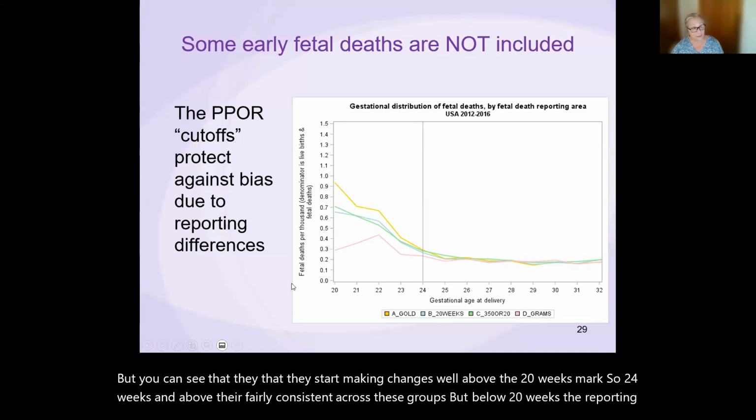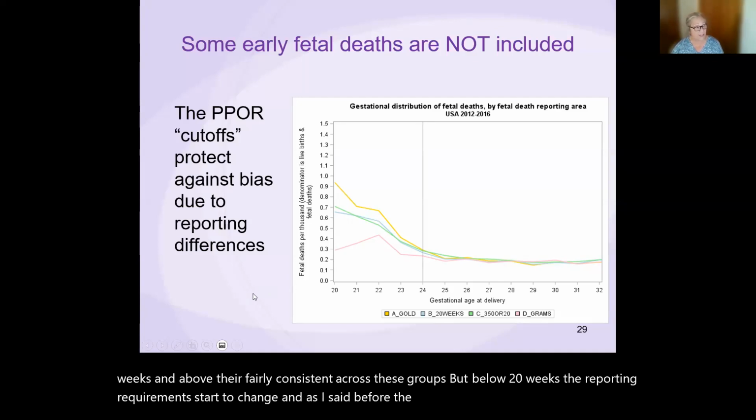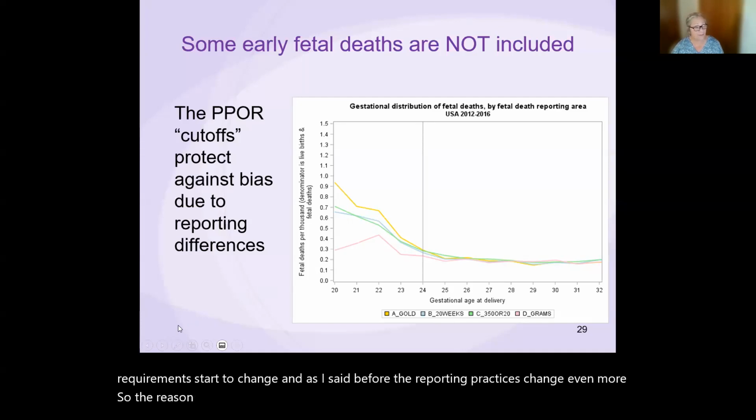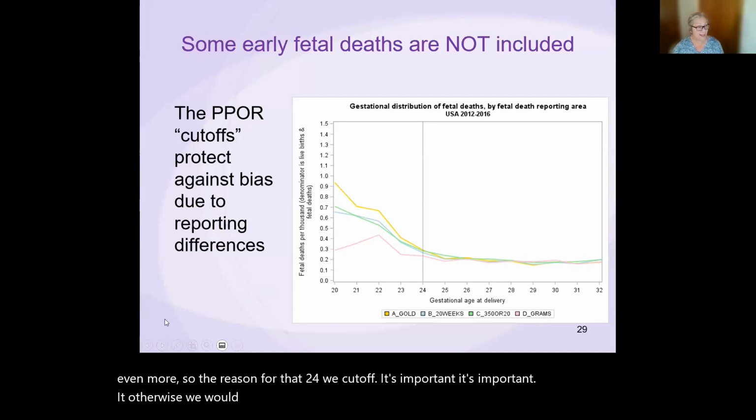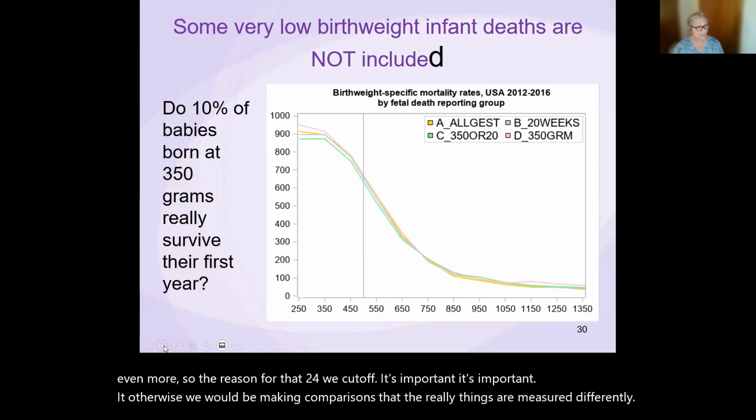And as I said before, the reporting practices change even more. So the reason for that 24-week cutoff is important. Otherwise, we would be making comparisons where things are measured differently, so it wouldn't be fair.